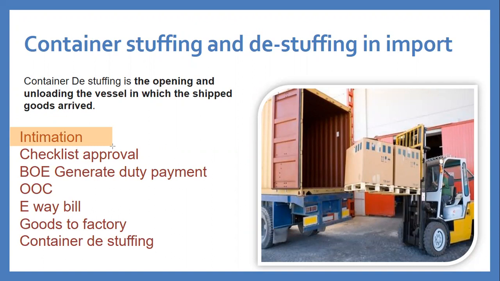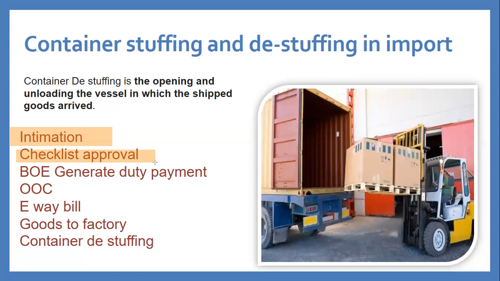Before the goods arrive at the seaport, there is another important activity to be done: checklist approval. We share the documents with our CHA and freight forwarder. They will file the bill of entry, and to finalize it, the CHA and freight forwarder share the checklist.